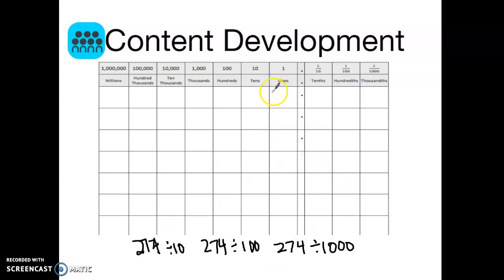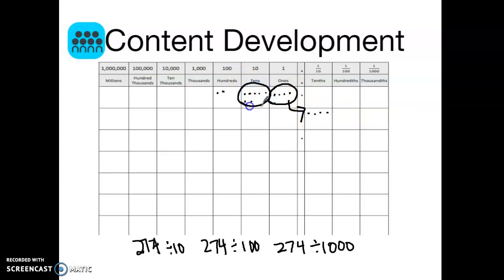So we have 4 ones: 1, 2, 3, 4; 7 tens: 1, 2, 3, 4, 5, 6, 7; and 2 hundreds. So we have 274. When we divide by 10, boys and girls, remember you're taking each and chunking it out into 10. Remember what we did with our place value, and we're going to shift it. So now that 4 becomes here, 1, 2, 3, 4.